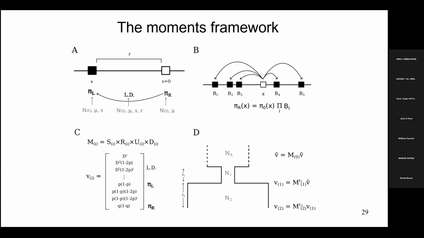We start at the top with our ancestral population that has some size N_A, and we start at a steady state for the summary statistics.